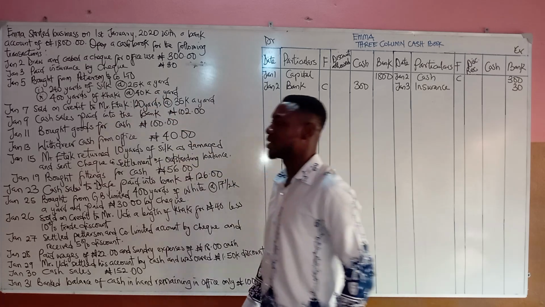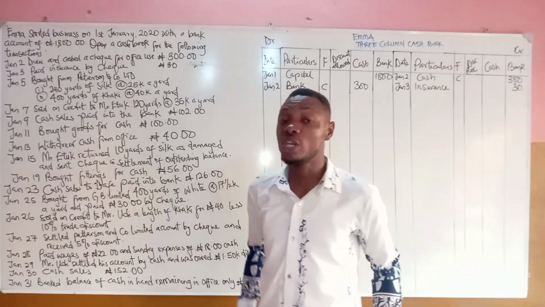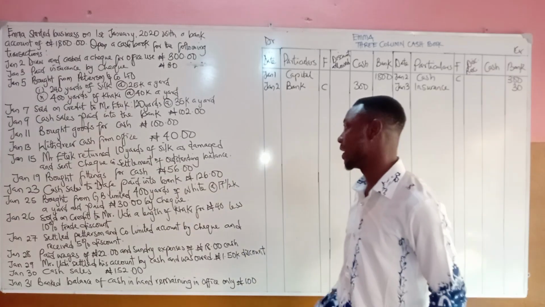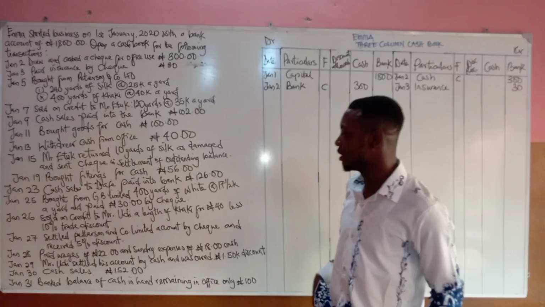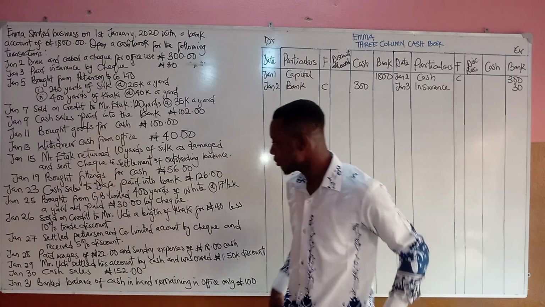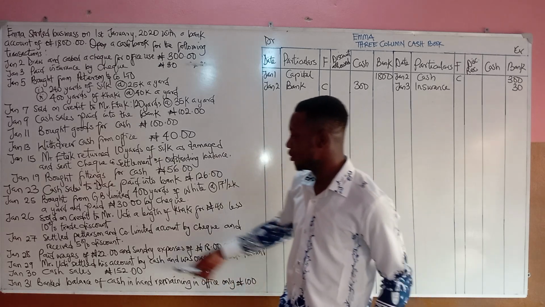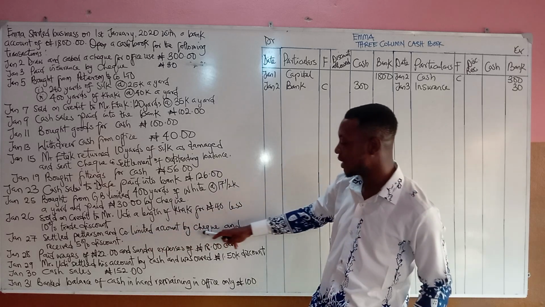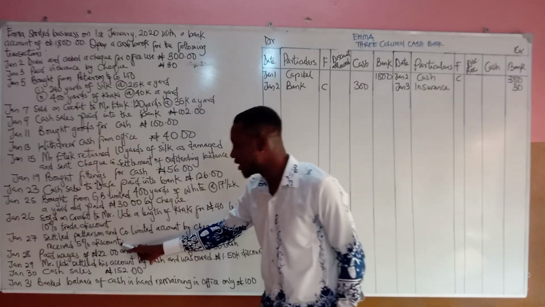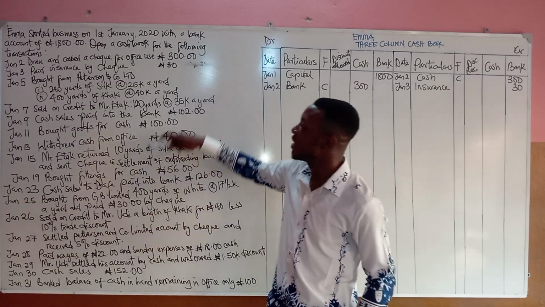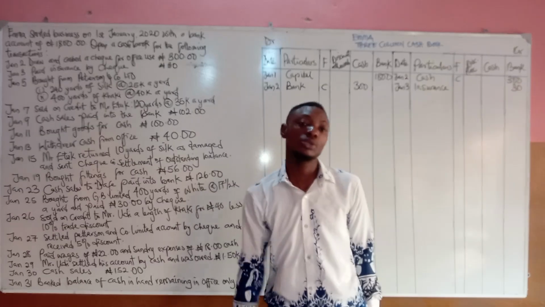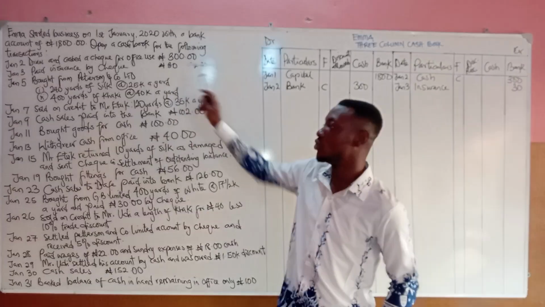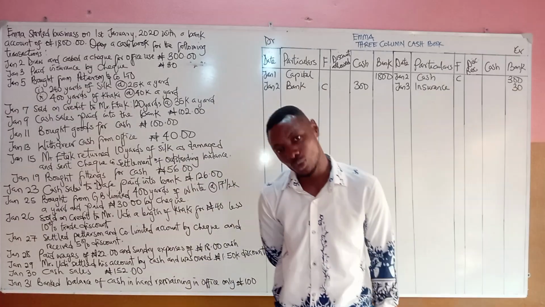Ordinarily, we would have just entered this as purchases on the credit side. But if you come down, January 27, it said settled Peterson and Co. Limited accounts by check and received 5% discount, meaning that this particular transaction was not paid for as at January 5th, the time the transaction took place.